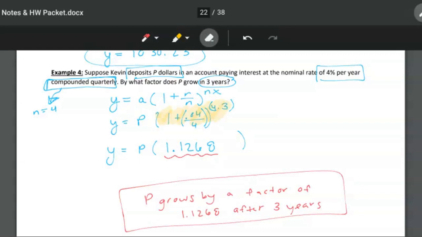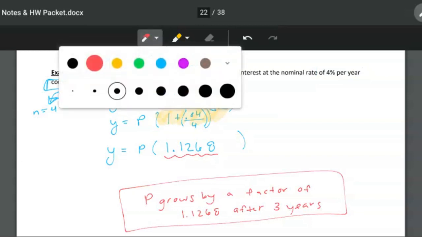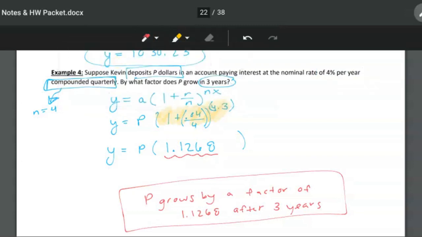Think about some things that they didn't ask. They just came out and used that vocab word, nominal rate, at the very beginning. Again, nominal is what is advertised, right? 4%. If they asked what was the effective annual yield, or in other words, what did you actually get? They said you were going to get 4%. Well, what did you actually get?